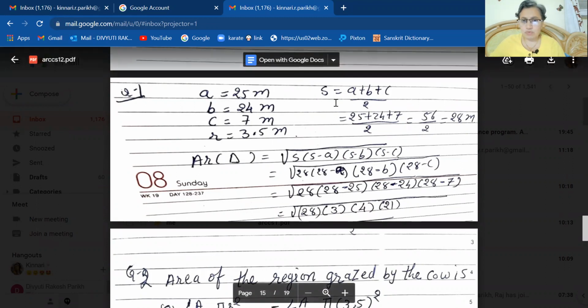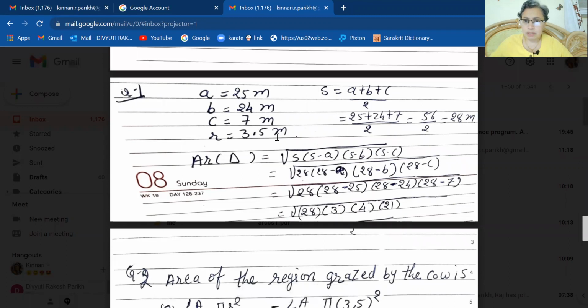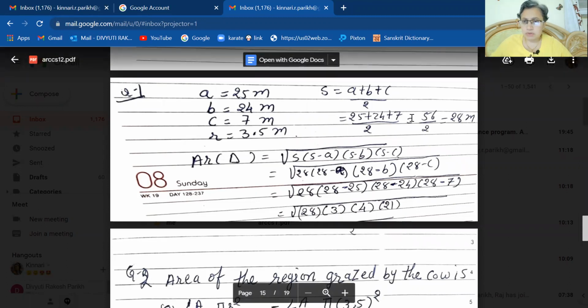So first we need to find the semi perimeter. So the semi perimeter will be a plus b plus c by 2. First we will assume each side as a, b and c, and the radius as 3.5 meter. Okay, so what will the semi perimeter be?